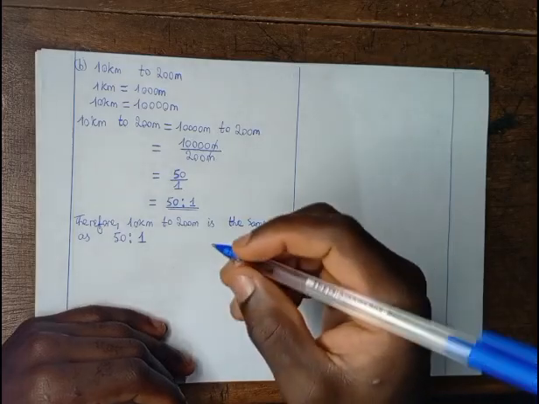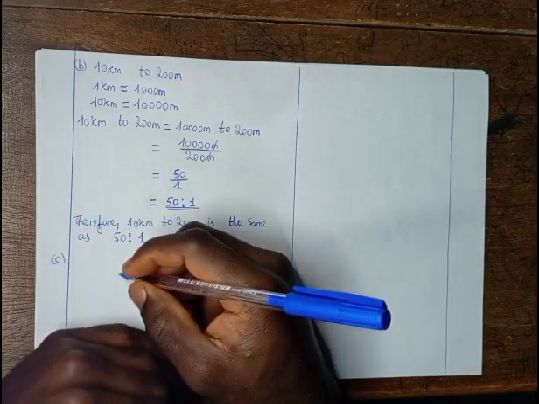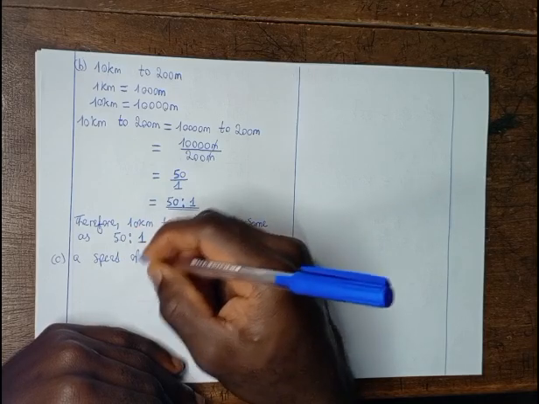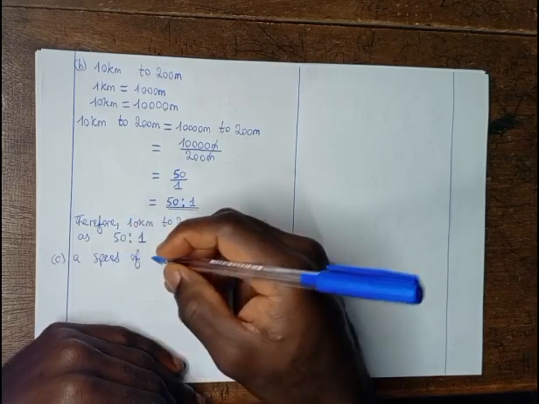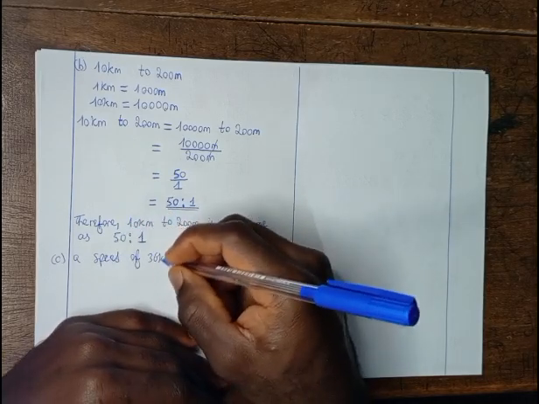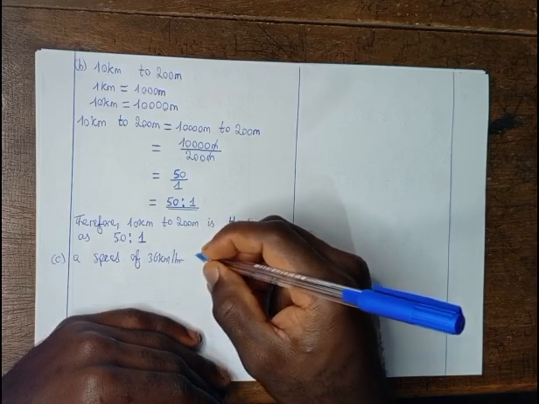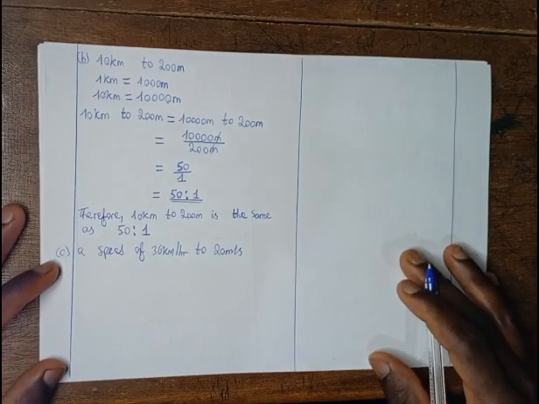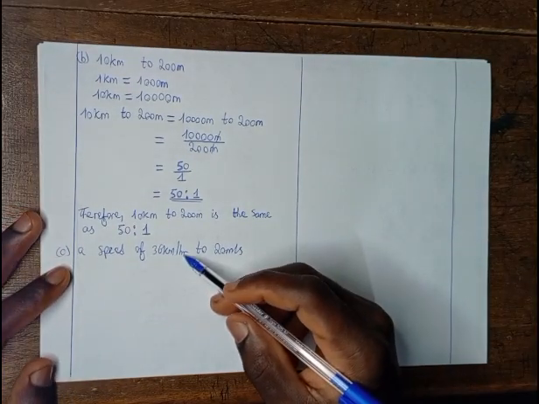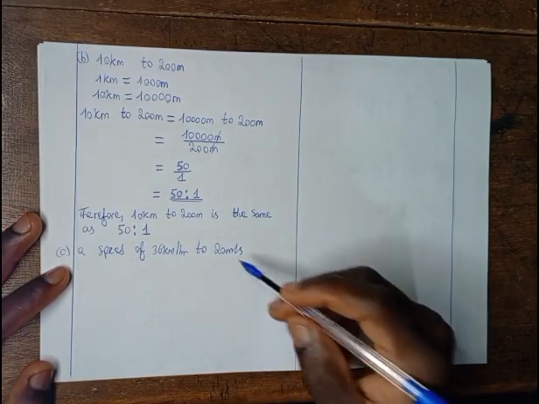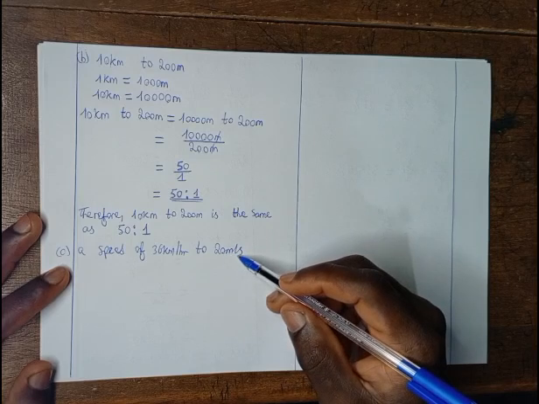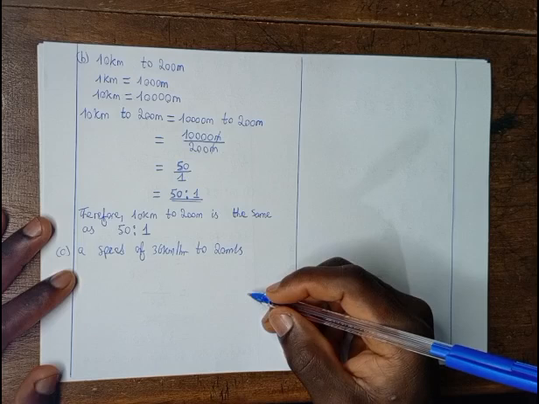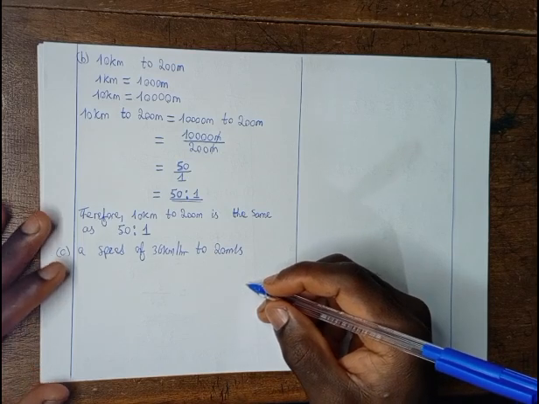We go now to C. For C, we have a speed of 36 kilometers per hour to 20 meters per second. First thing, we know the kilometers per hour is a higher unit of measuring speed than meters per second. We need to start by converting this 36 kilometers per hour to meters per second.